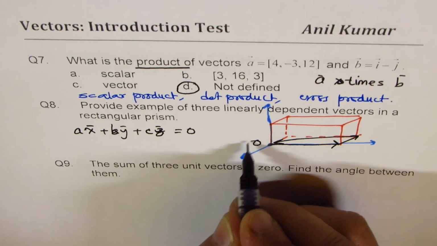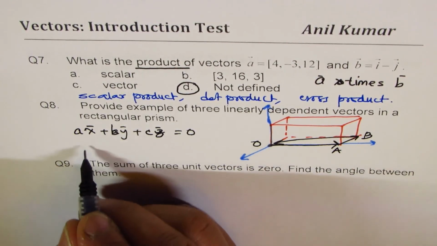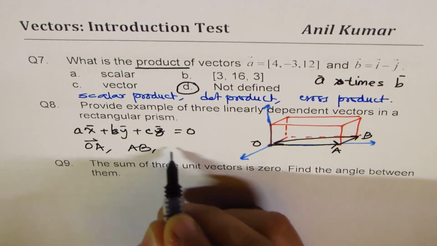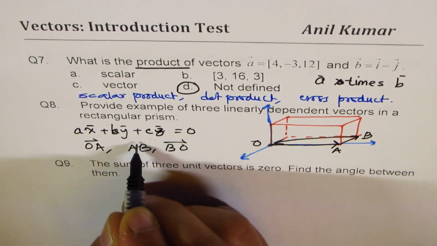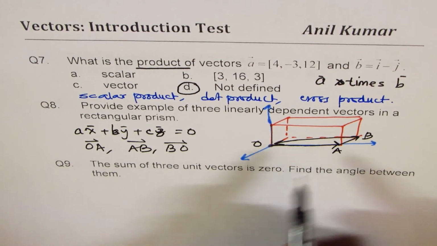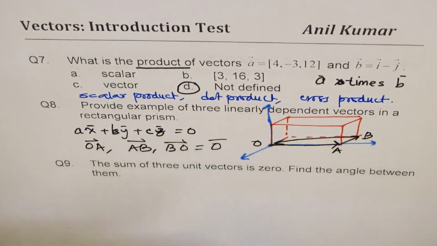If I have these points as O, A, B, the combination could be vector OA, vector AB, and BO. These are in the same plane, the plane of this paper, and their combination is indeed equal to the zero vector if I add them up.